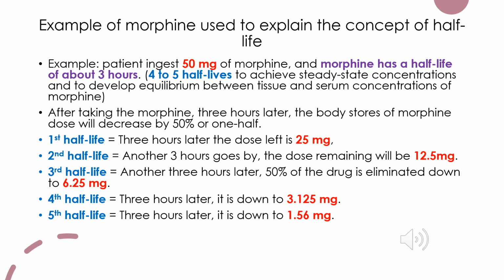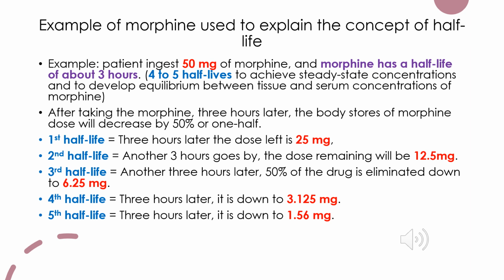This is an example taken from Lehne's Advanced Pharmacology book for nurse practitioners and PAs. This example is of morphine used to explain the concept of half-life. Suppose the patient ingests 50 milligrams of morphine, and morphine has a half-life of about 3 hours.